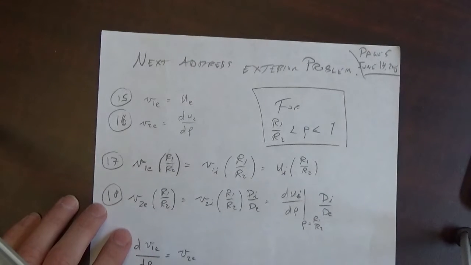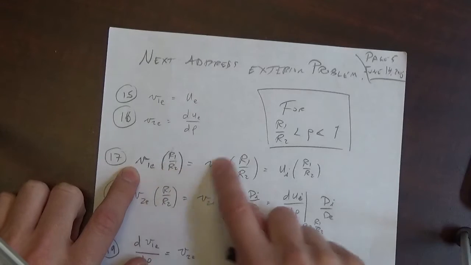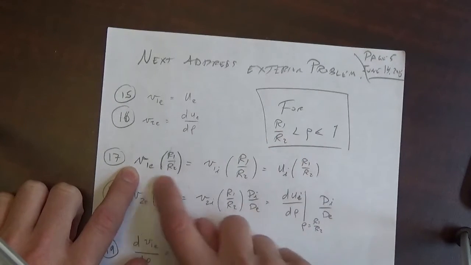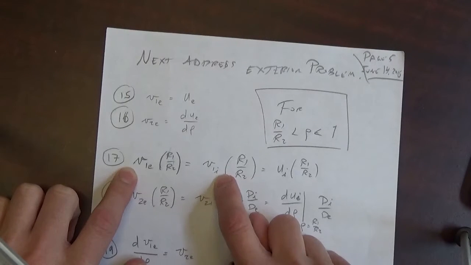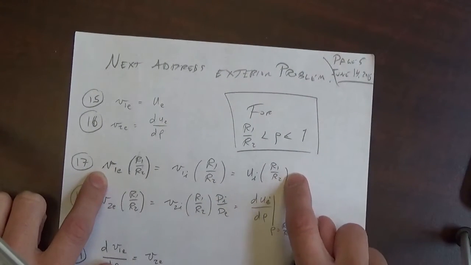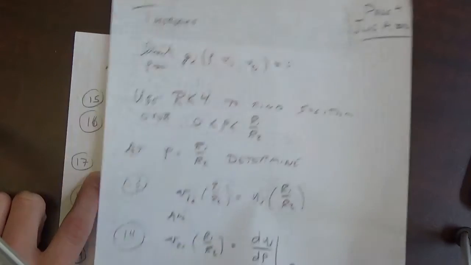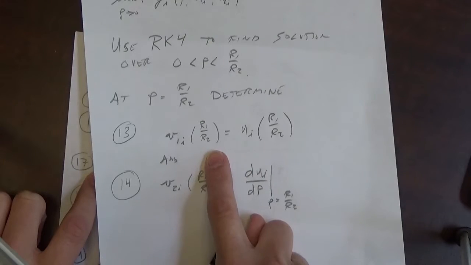Going to our boundary conditions, I should say our initial conditions. Our first initial condition is that on the left-hand side of our problem, u1e at r1 over r2 is equal to u1i at r1 over r2, which is ui over r1 over r2. And that is one of the outputs coming from our solution to the interior.